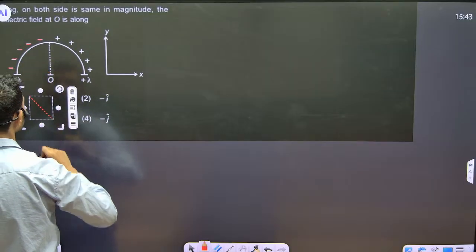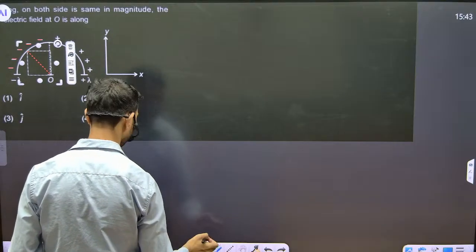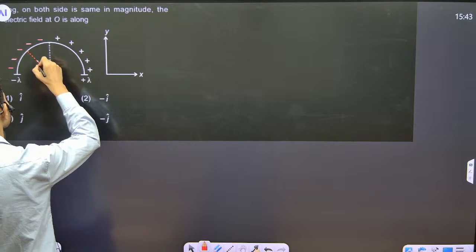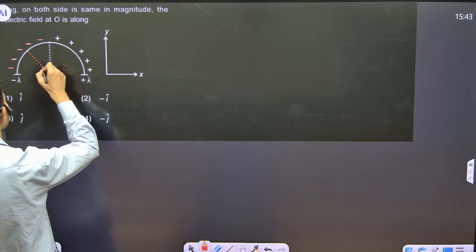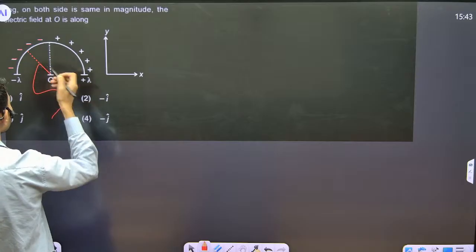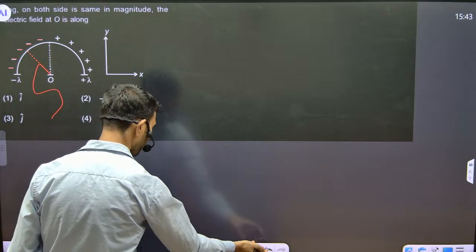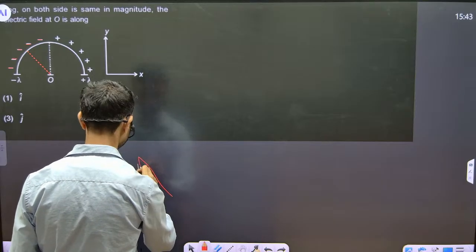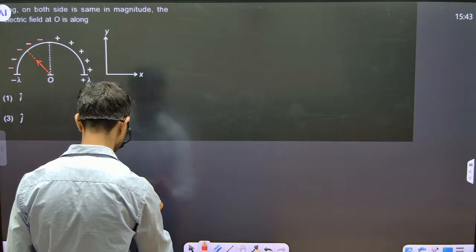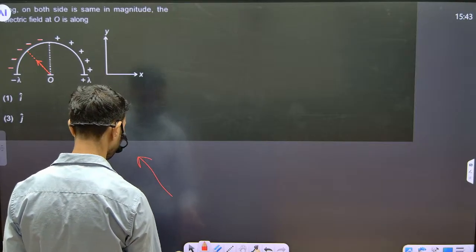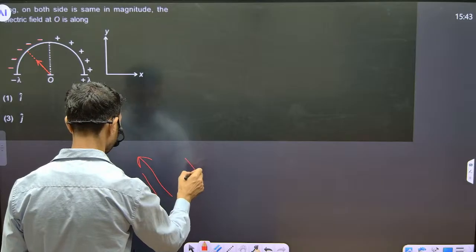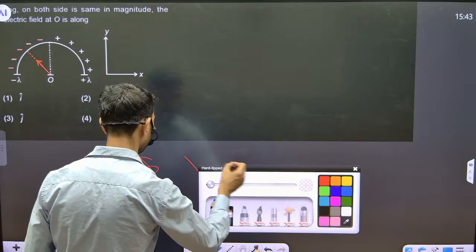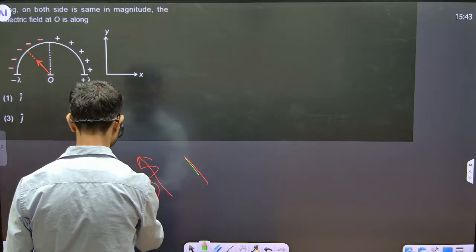Why is it getting selected? I'm not able to draw a straight line. What is the problem? It's not working.